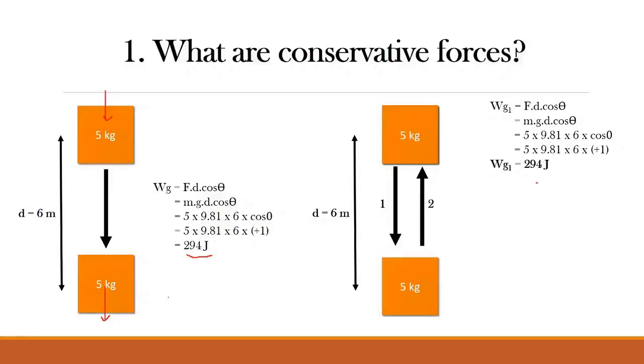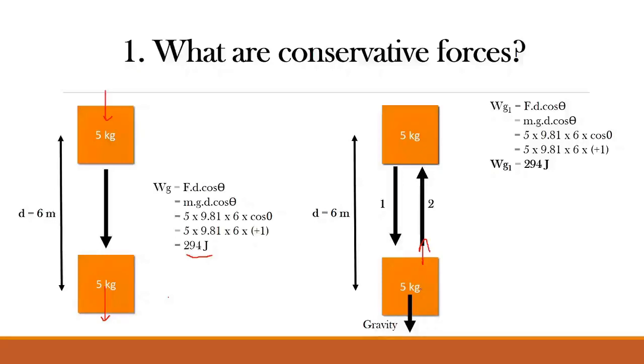Now let us calculate the work done for the second process. Here, as the force acting on this body moves in upward direction and the gravitational force acts in downward direction, what will be the angle? So pause this video.